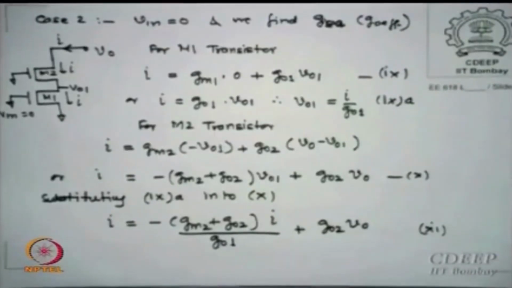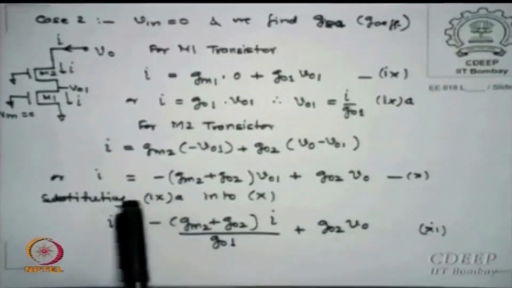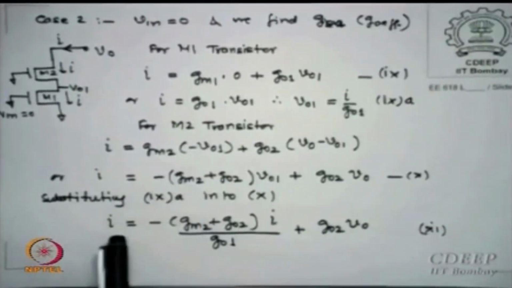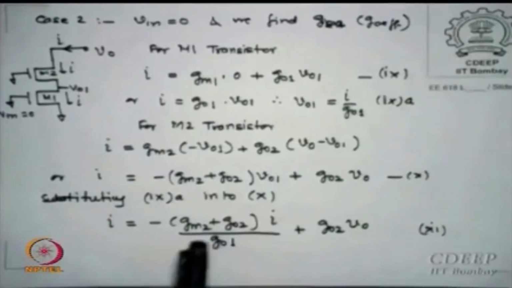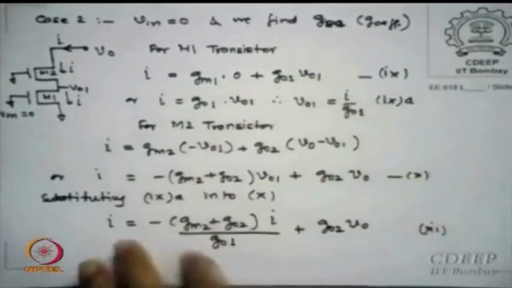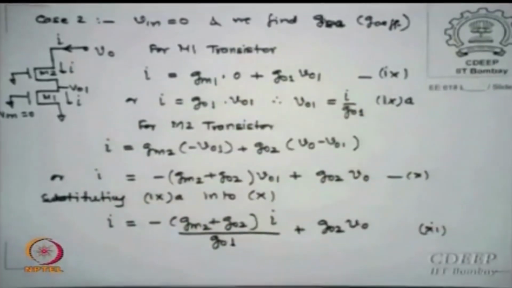Last time what did I substitute? I picked up from M2 and substituted in M1; now I picked up from M1 and substituted in M2. Then I get I equal to minus gm2 go2 by go1 into I plus go2 Vo. Just substitute Vo1 from here and you get these expressions. What do I then collect?